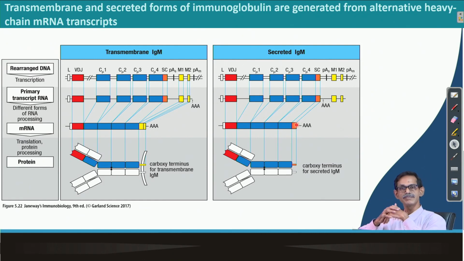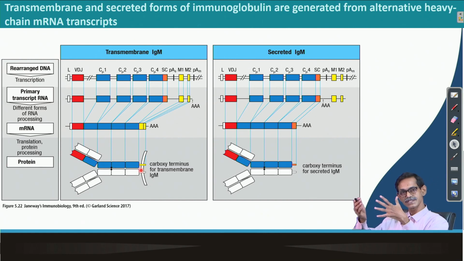So, normally a B cell, when it is not activated, no antigen is there or it is not converted to plasma cell, expresses the gene along with the transmembrane domain. So, they cannot leave the cell and remain attached to the plasma membrane. That is why it is the receptor and doing its job, and this carboxy terminus or the cytoplasmic tail part is responsible for signaling. Okay.